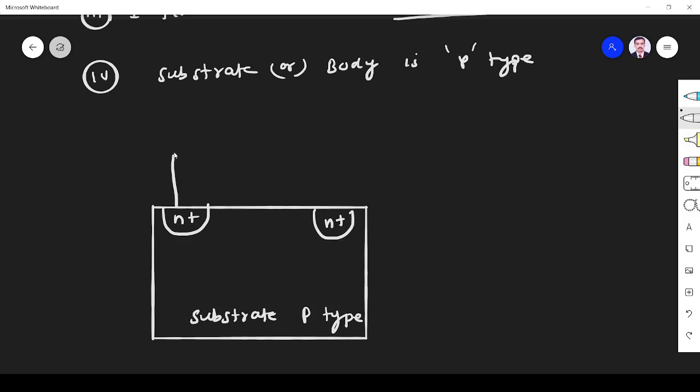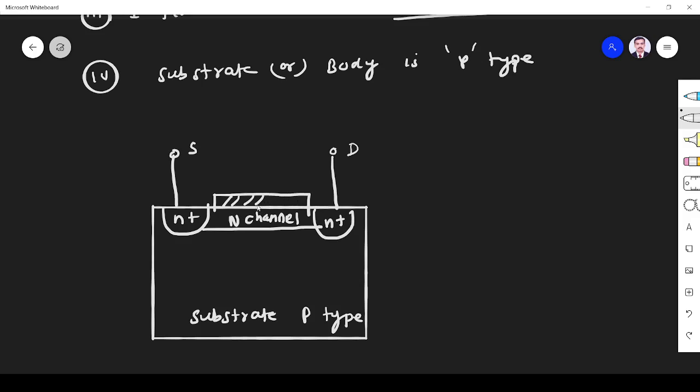From here we take the source terminal, from here the drain terminal. So drain and source are N plus regions. And I told you the channel is available initially. This is the channel. Here in between drain and source, we have the oxide layer.